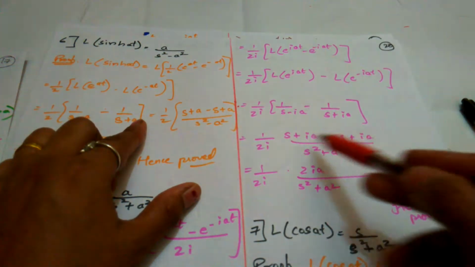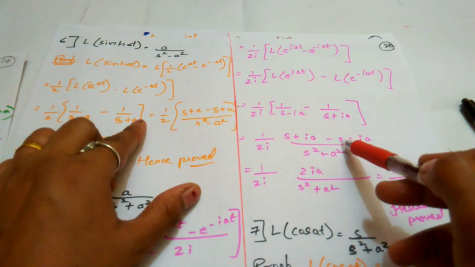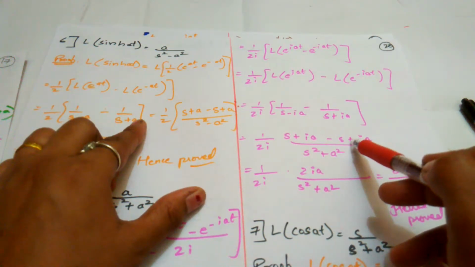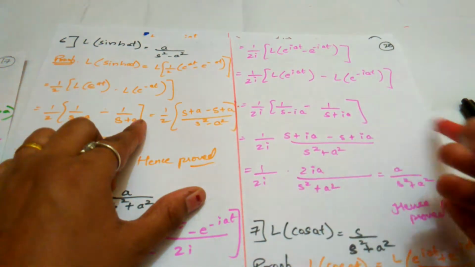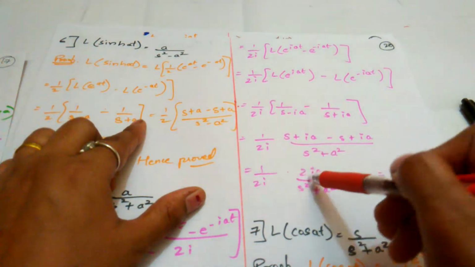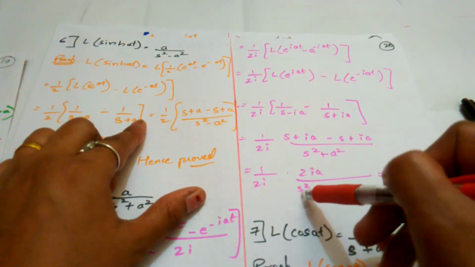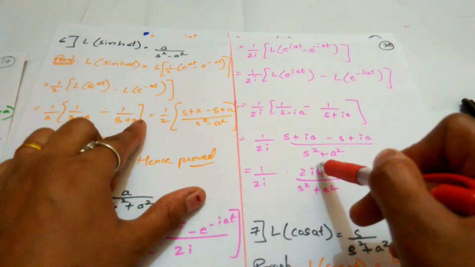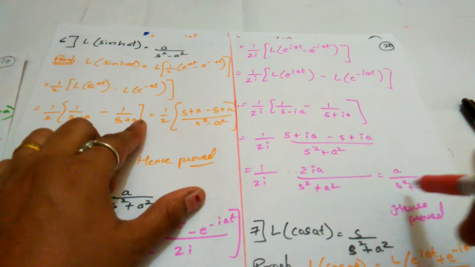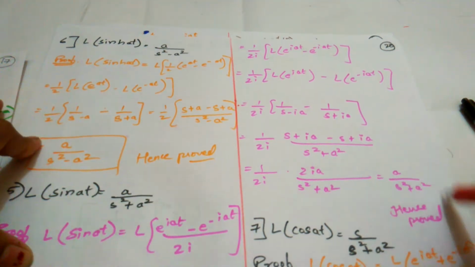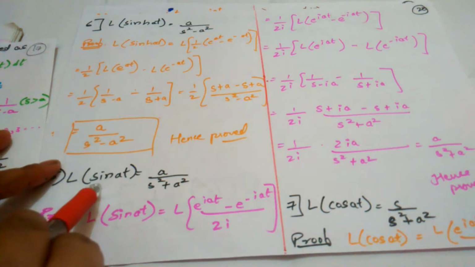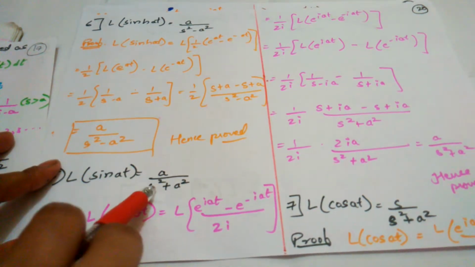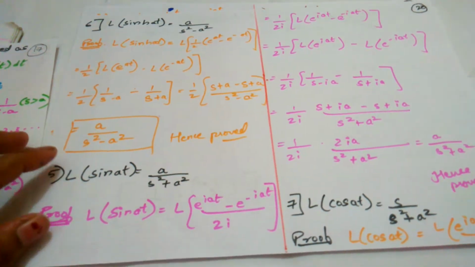Solving further, s plus ia minus s, minus of minus becomes plus ia, so the s cancels out in the next step. We get 2ia over s square plus a square, so 2i cancels, and it comes out to be a upon s square plus a square. Hence we have proved that L of sin at is equal to a divided by s square plus a square.